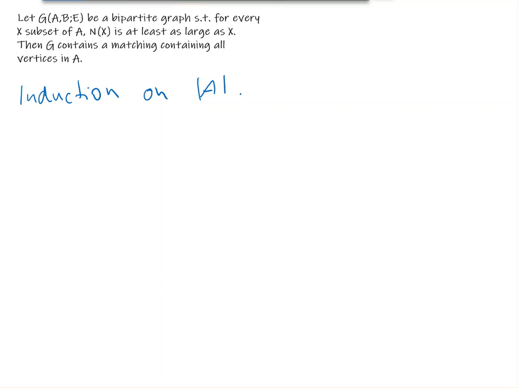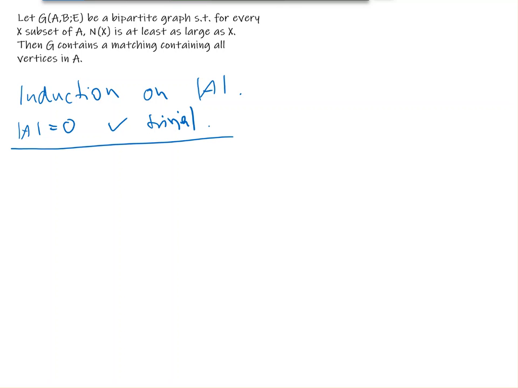For size 0, this is true and trivial. Why? If A has size 0, a matching contains no edges, and no edges cover all the 0 vertices of A, so everything is fine. So the induction start works.